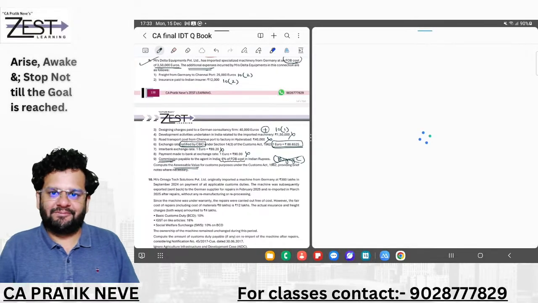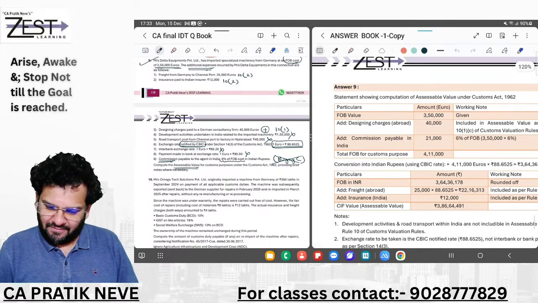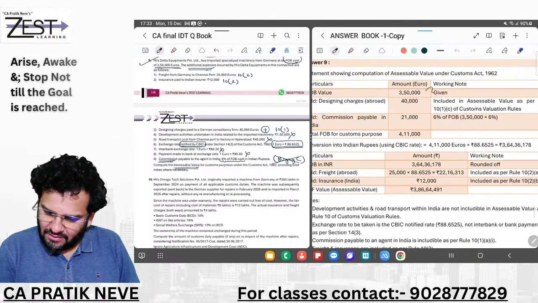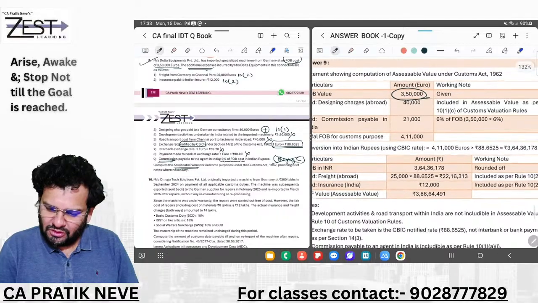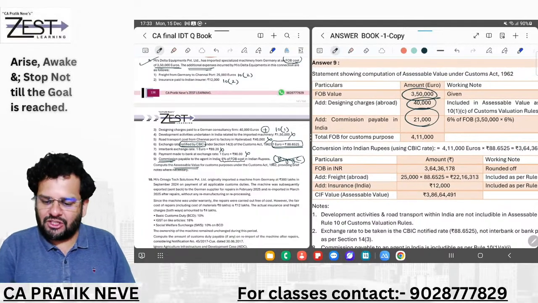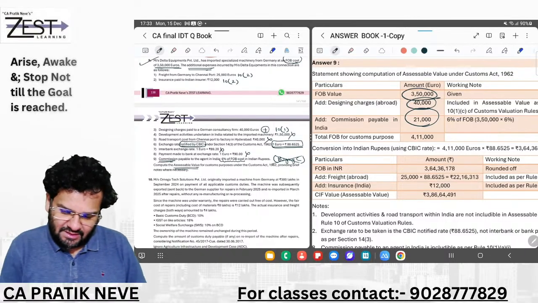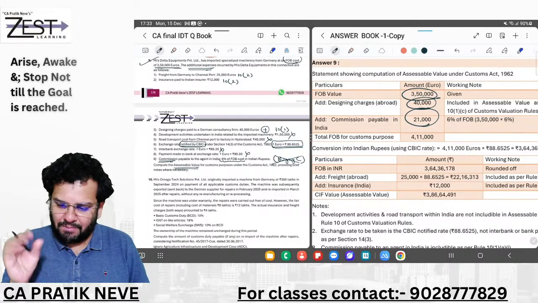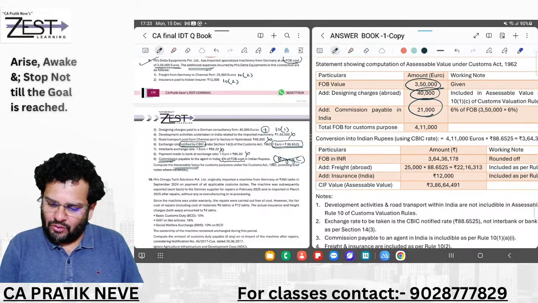Then go ahead, do the adjustments. Which adjustments? See this, start with 3,50,000 euros. Go ahead, do the adjustment of design and commission payable. As discussed, do the adjustment of design and commission payable. That's it. You will get total FOB.